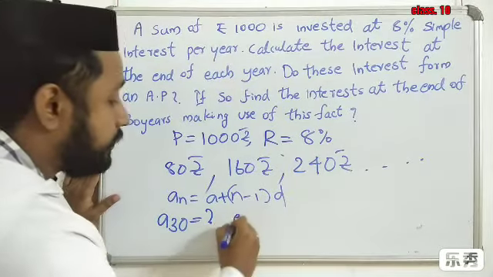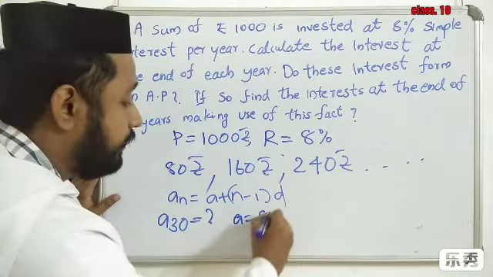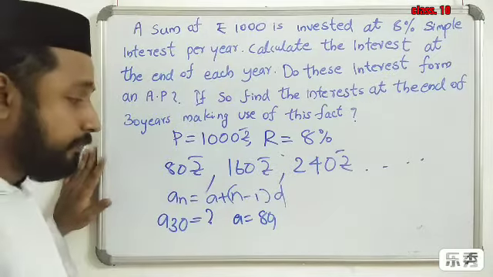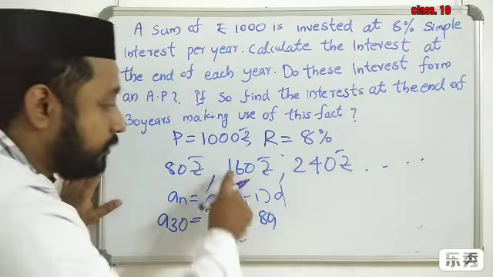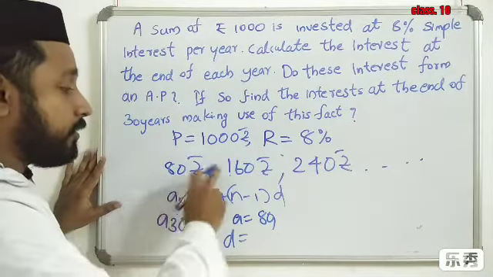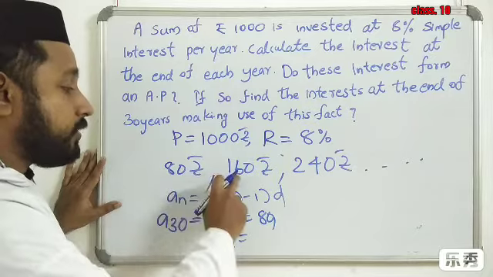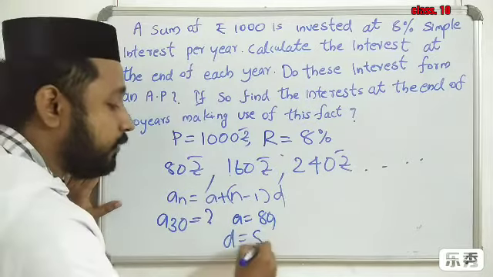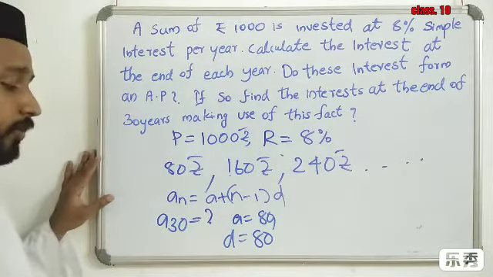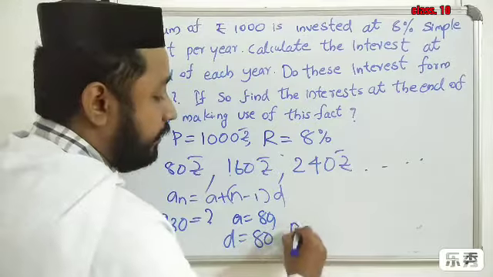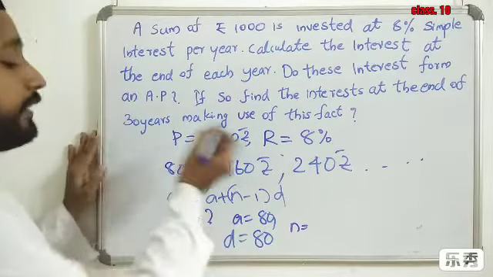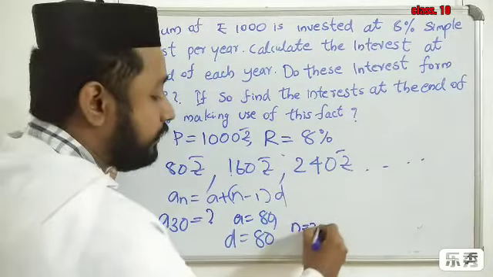We have a is equal to 80, the first term is 80. What about d? d is equal to a2 minus a1, the difference between two consecutive terms. So 160 minus 80, which is also 80. d is 80. And n means after 30 years, so n is equal to 30.